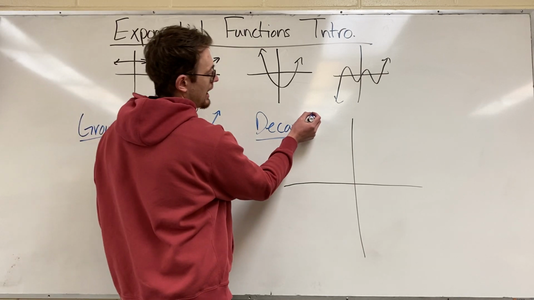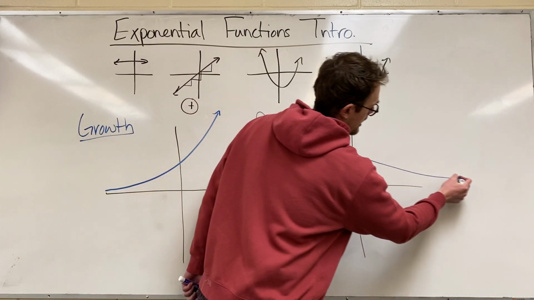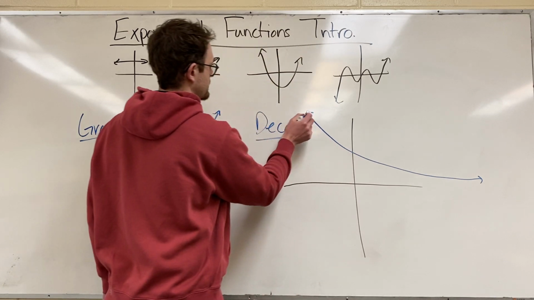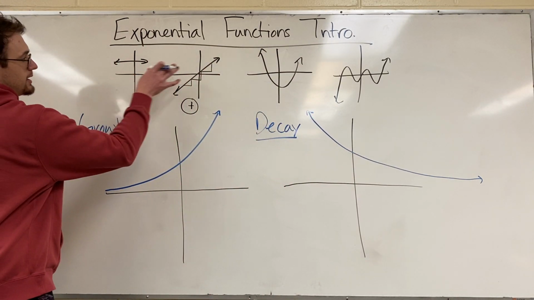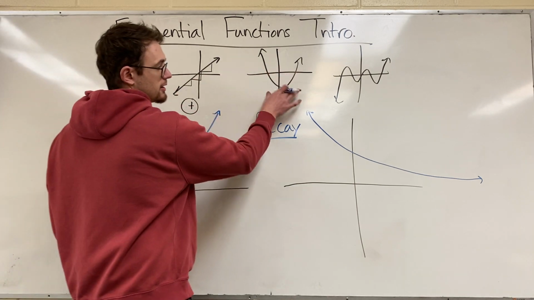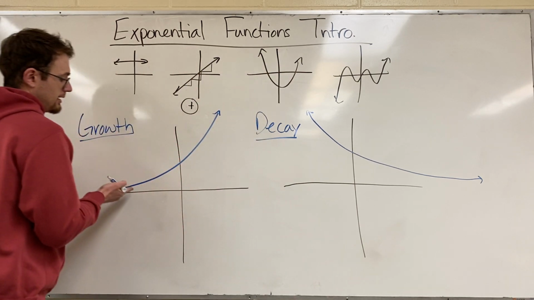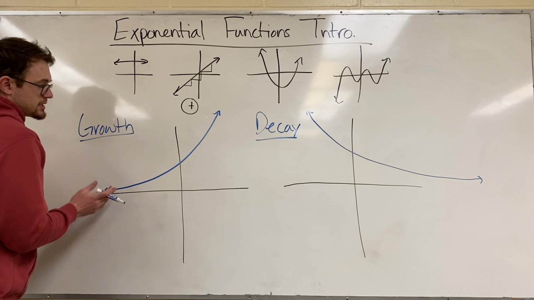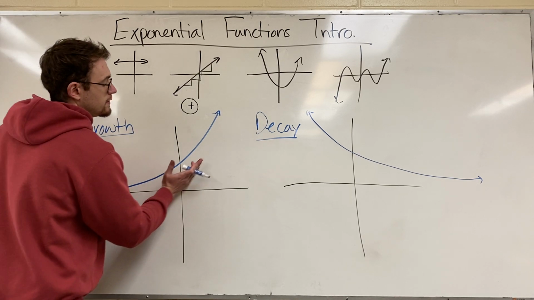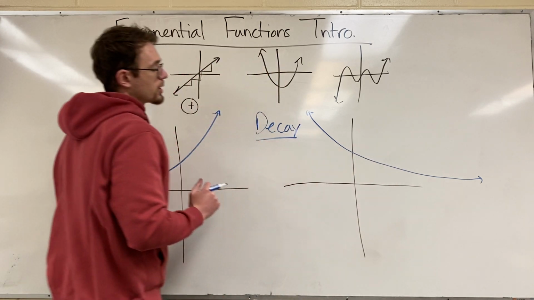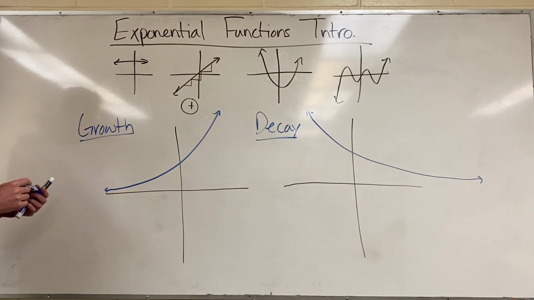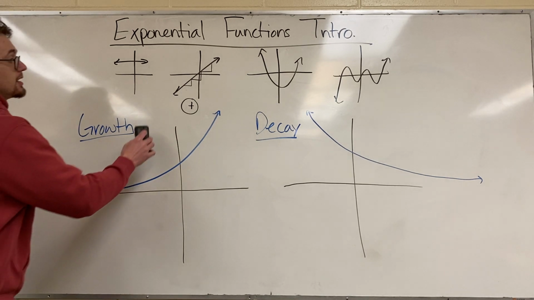Decay is gonna start high and then come in and decay exponentially. All right, so it's not a flat line, it's not a straight line, it's not a frowny smiley face. It's got this very specific curve that exponentially decreases or grows. Okay, so let me erase these top models because we're not going to talk about those.